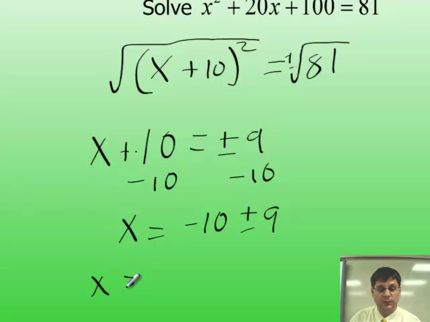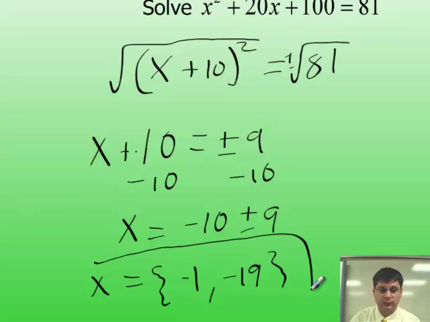So negative 10 plus 9 is negative 1, or negative 10 minus 9 is negative 19. And those are my two solutions for x.